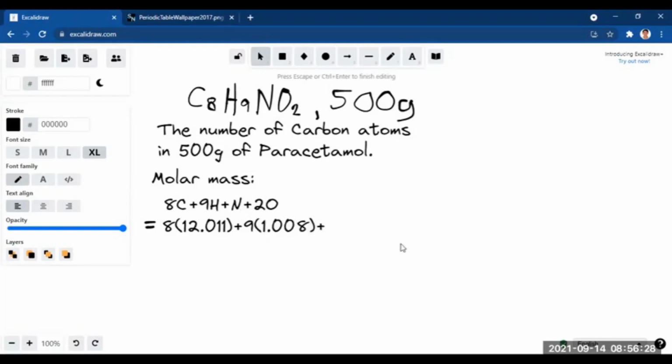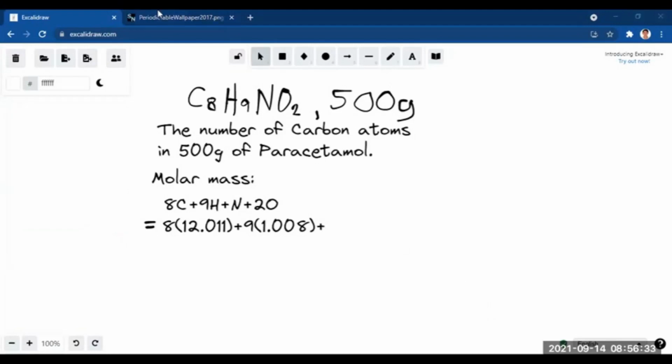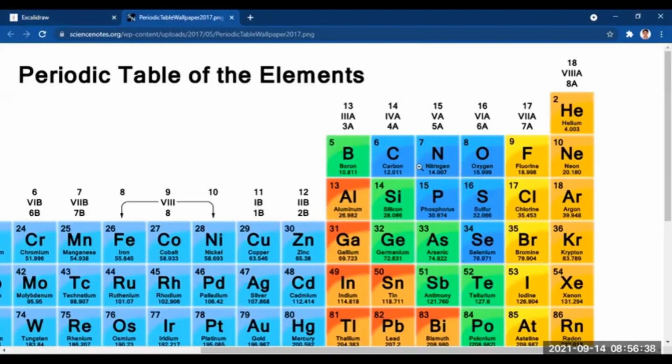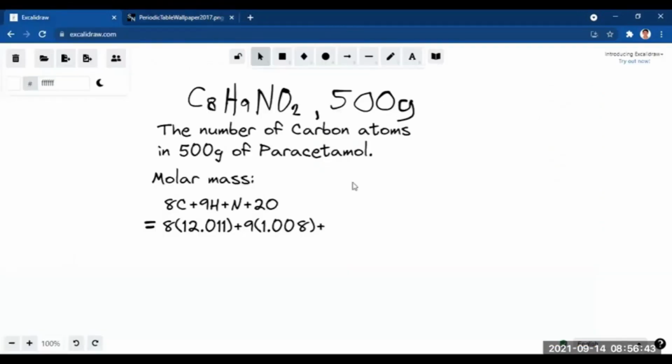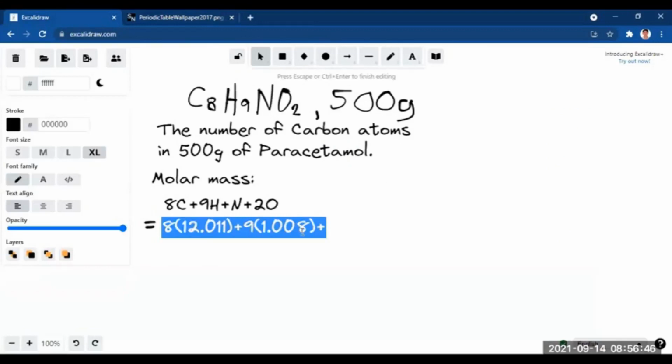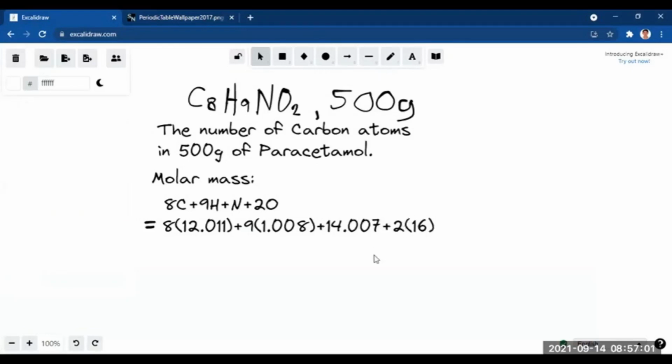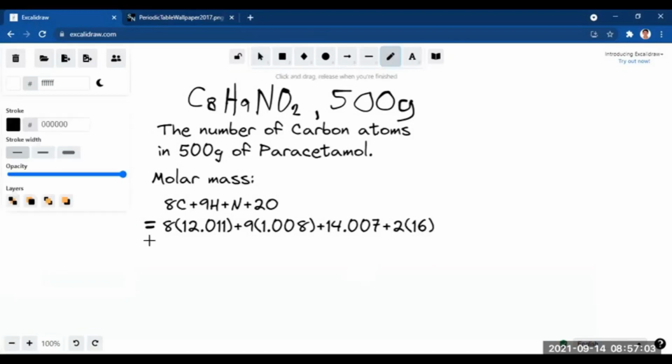For nitrogen, this is the new one, we will check nitrogen on our periodic table. Nitrogen is 14.007. We only have one atom of nitrogen, so we have no multiplier. And then for oxygen, we have 16. All right, so we will add this.